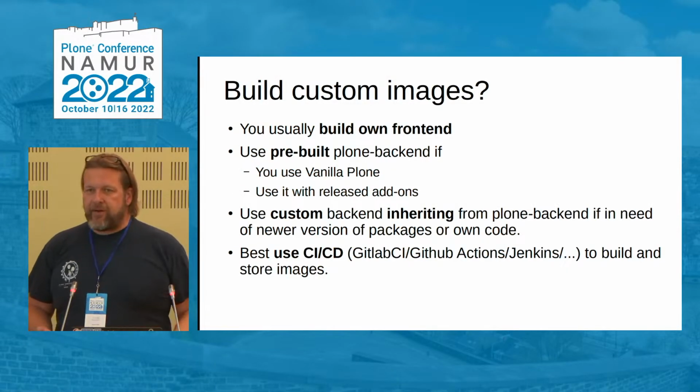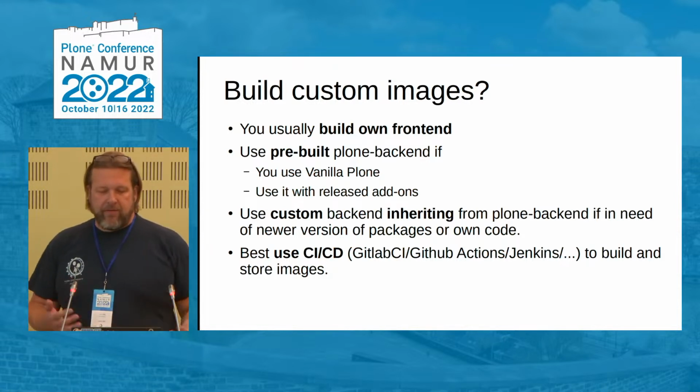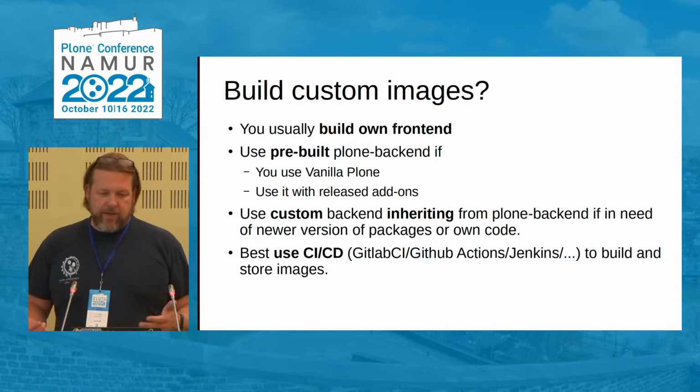So what about custom images? As I said, you usually have to build your own front-end image, right? Because you customize Volto, and even if you can use the backend with vanilla Plone, then it's fine.